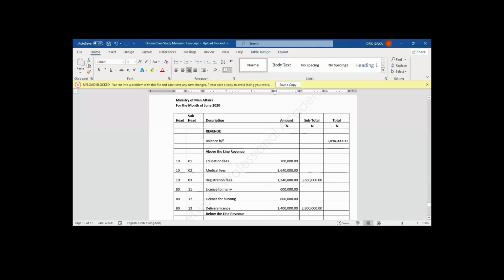I put them under amount because all these three items, education fee, medical fee, registration fee, have the same head. That is the reason why I'm putting them under amount. I will now sum them. The sum will be posted under the subtotal.